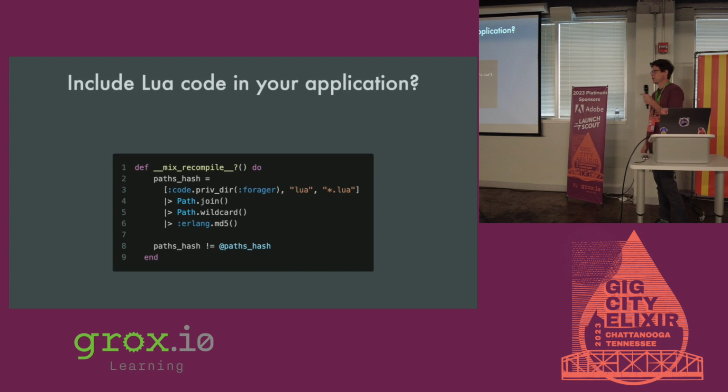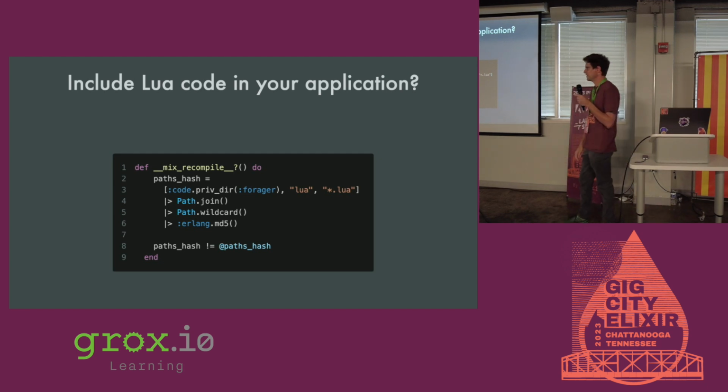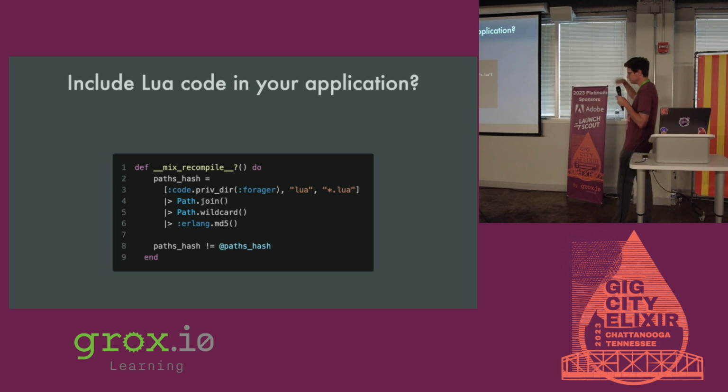So this is just a cool tip. Not only for Lua, but if you have external assets that you want to compile into your application, you'll find in the docs for Elixir the mix recompile directive. And you can set it up so that, in this particular script, it will read through my local priv directory, look for all the Lua files, and hash them.